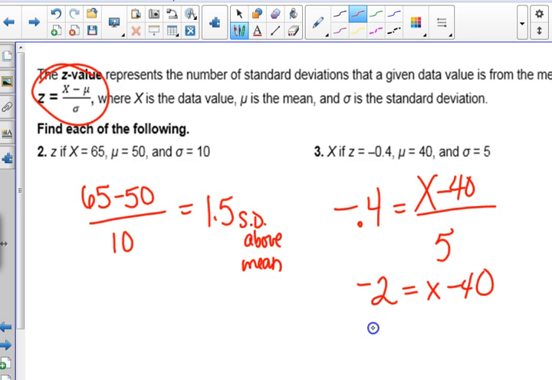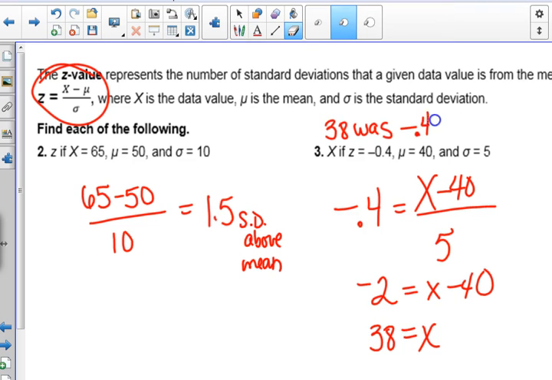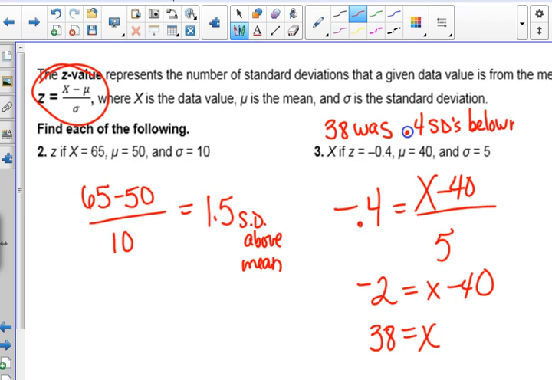If we add 40 over here, we get 38. So what does that mean? A score of 38 was negative 0.4. What does the negative 0.4 mean? Below. So it just means 38 was 0.4 standard deviations below the mean. Okay, I'm just trying to put that in words for you.